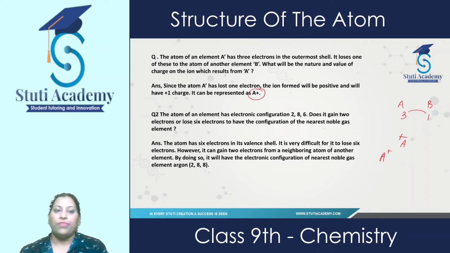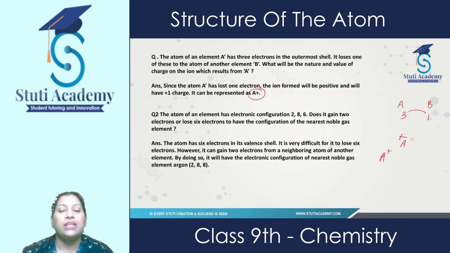Question number 2. The atom of an element has electronic configuration 2, 8, 6. Does it gain 2 electrons or lose 6 electrons to have the configuration of the nearest noble gas element? Noble gases are those which have a completely filled octet. The outermost shell is completely filled.